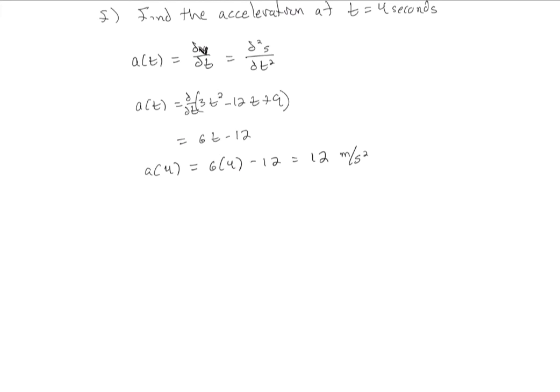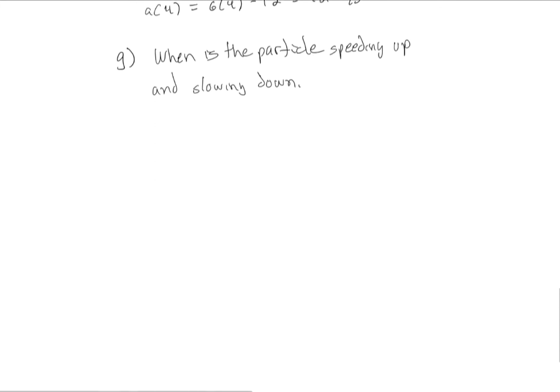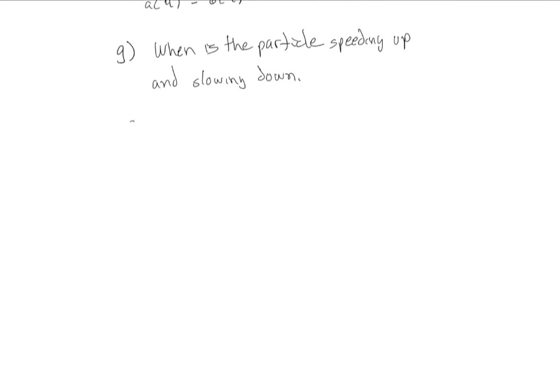One last question here. Let's say we want to know when is the particle speeding up and slowing down? All right, one way to think about this is the following. The particle is going to be speeding up when both the velocity and the acceleration have the same sign.